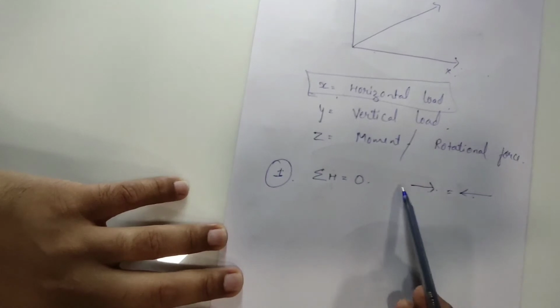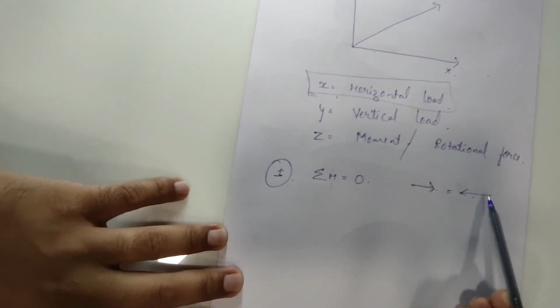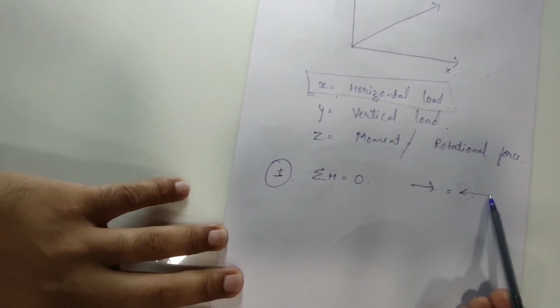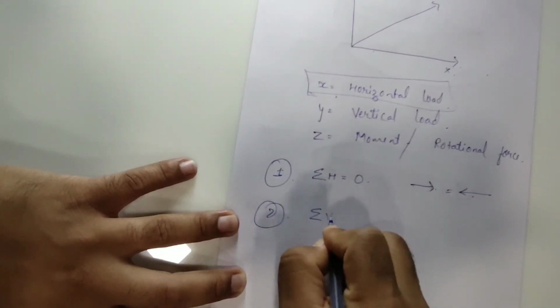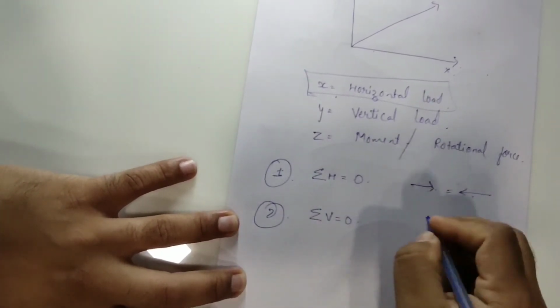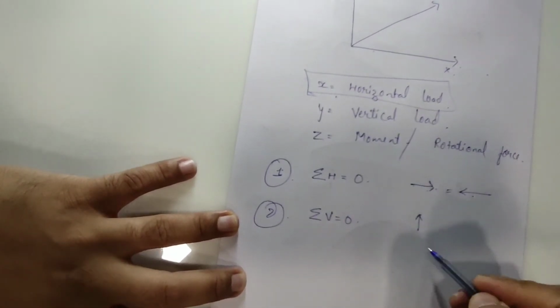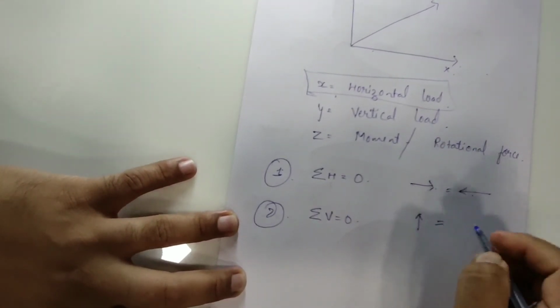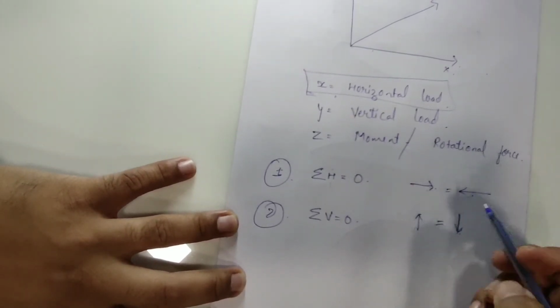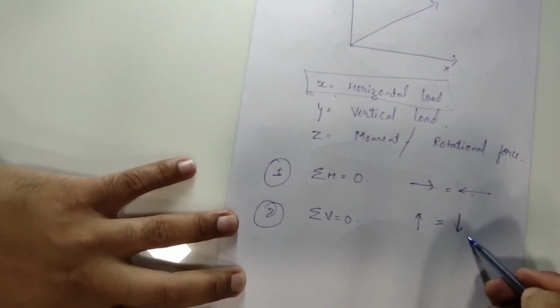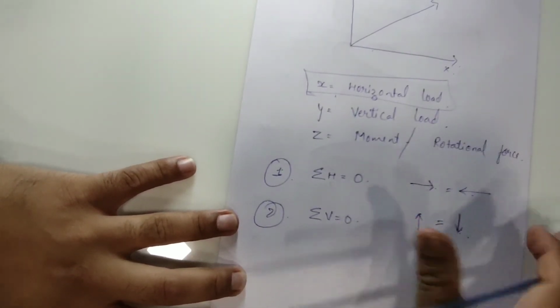The second equilibrium condition is summation of vertical force is equal to 0, means whatever load is coming from down to top is equal to the load coming from top to down. So upward load is equal to downward load. So that is the equilibrium condition.